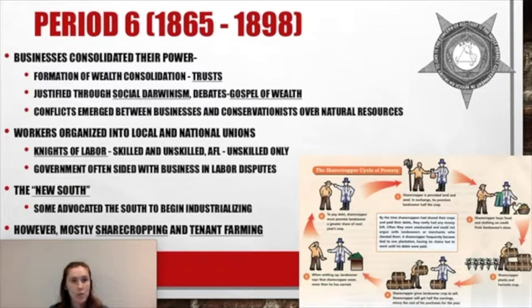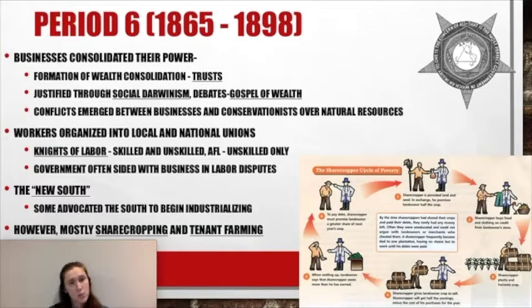A very popular one being Standard Oil or Rockefeller's Standard Oil. So you have the growth of these very wealthy businessmen at this time. And because you have this gap and because you have this development, you also have their justifications for being so wealthy.